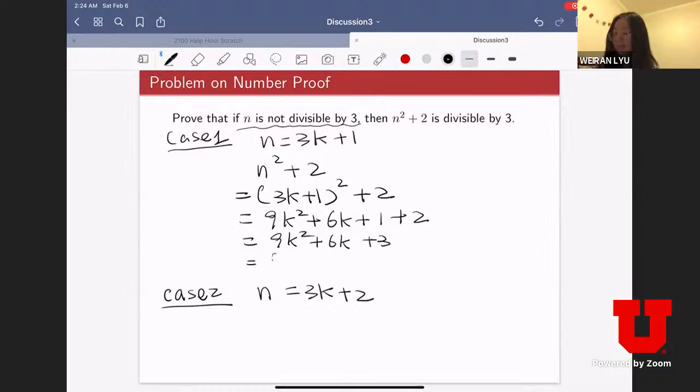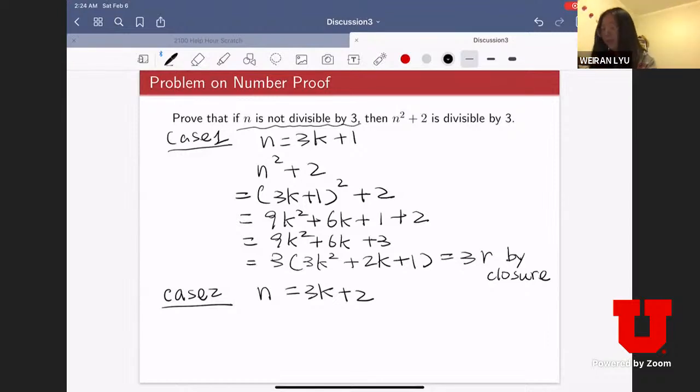And now you can take out the 3 to make it look like it is divisible by 3. Oops, that should be 2. And that's plus 1. All right. And you're done with case 1.